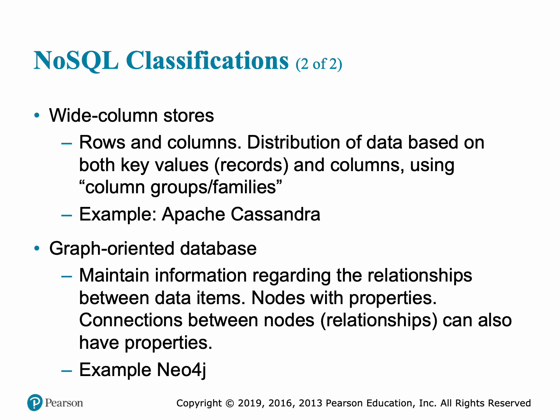This structure allows for efficient data retrieval and storage, particularly for sparse datasets where not all rows contain data for every column. Wide column stores are optimized for querying large volumes of data and are well suited for analytical workloads that require fast access to specific columns or slices of data.